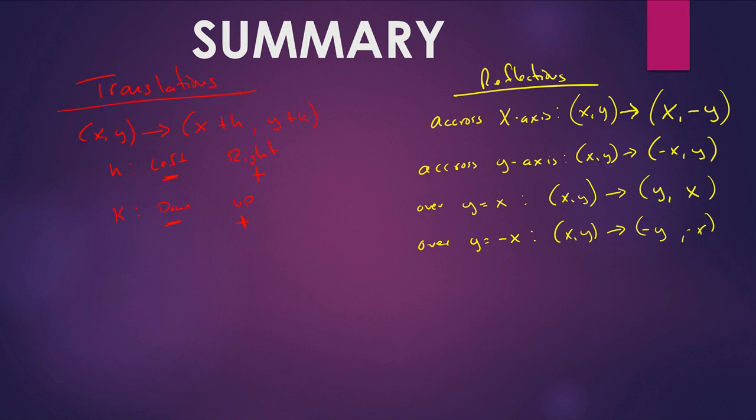And then we have over horizontal. So horizontal is going to be the form y equals a number. And for this one, just count. And then when we go over vertical, it's going to be in the form of x equals a number. And we simply count again, right?